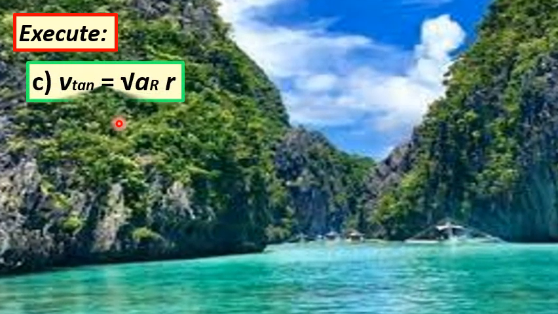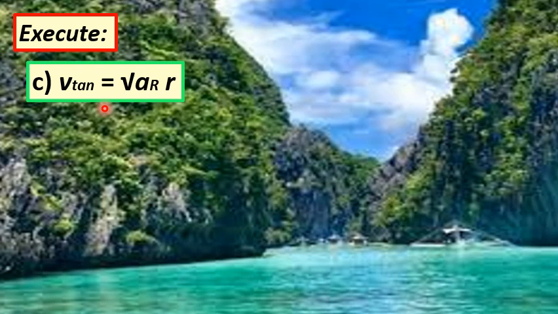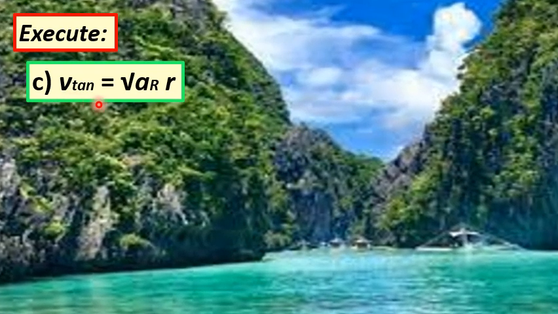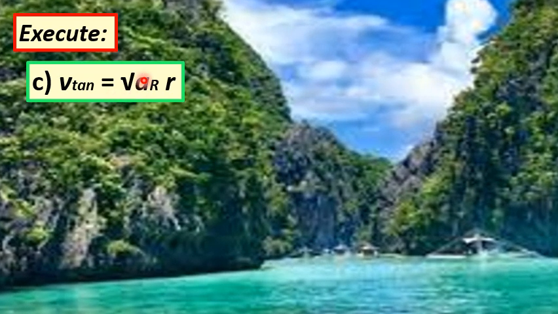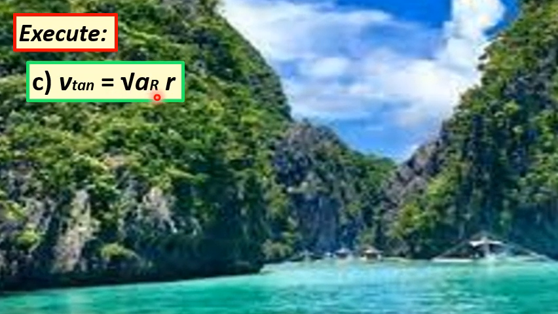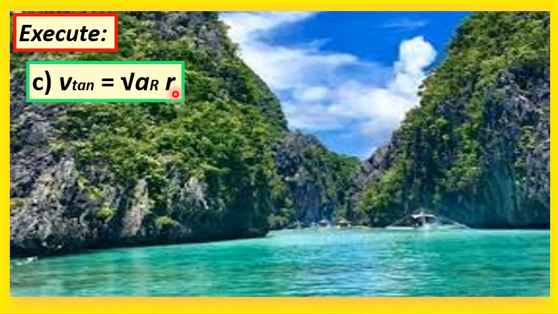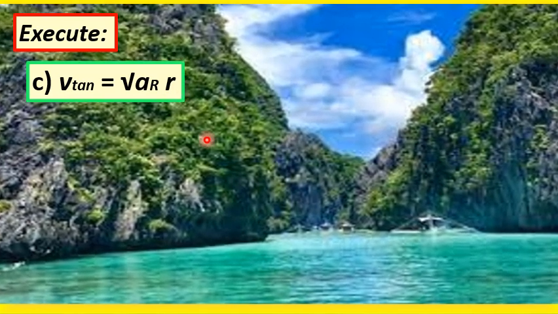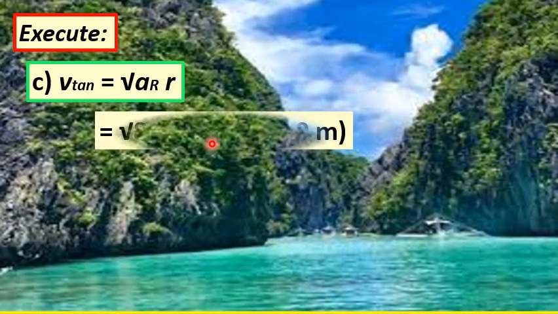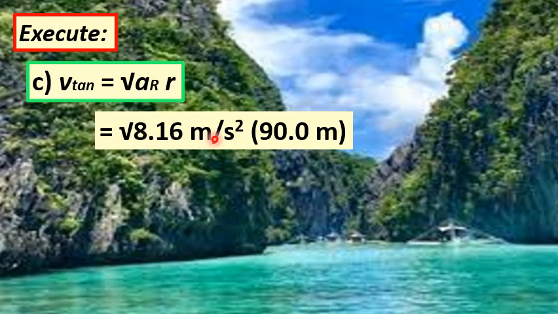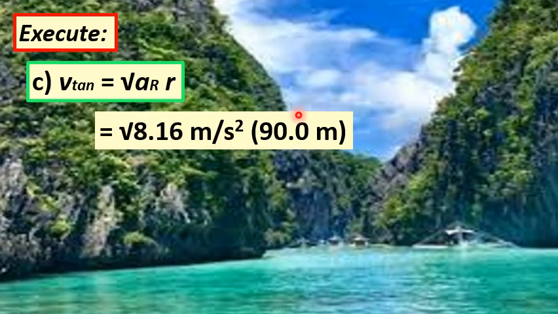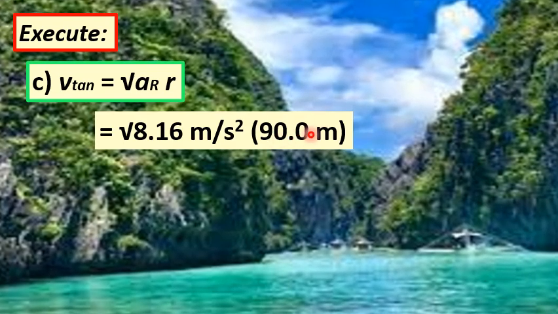And last but not the least, computing the tangential speed of the car using this formula. V tan equals square root of the product of the radial acceleration and the radius of the circular path, substituting square root of 8.16 meter per second squared times 90.0 meters.